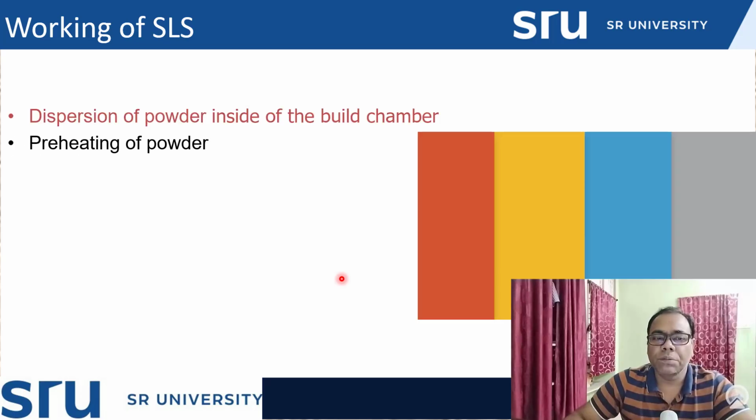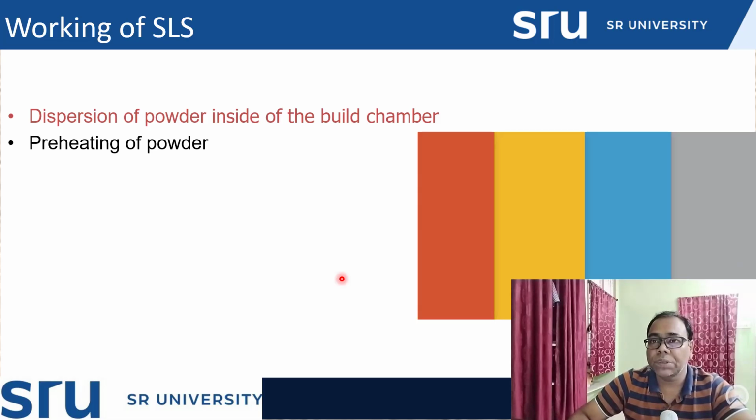Then sometimes we require preheating the powder, because the powder may not be in a suitable condition. It may have some foreign particle content, and those particles will be burned out during the preheat treatment.